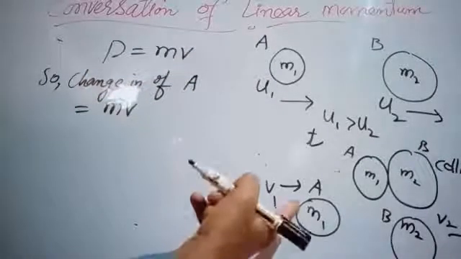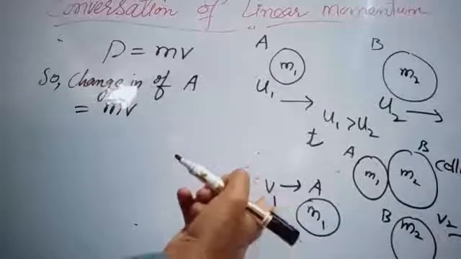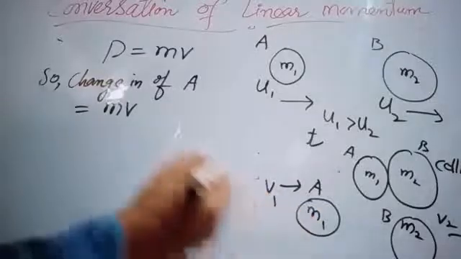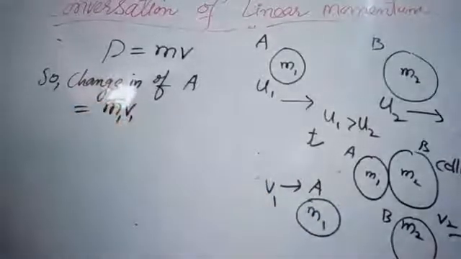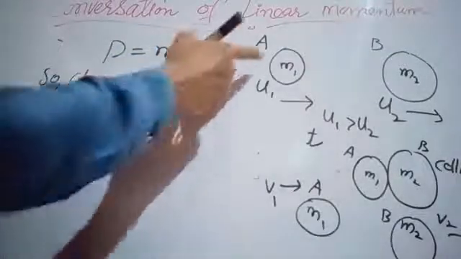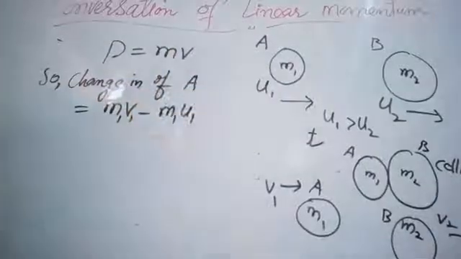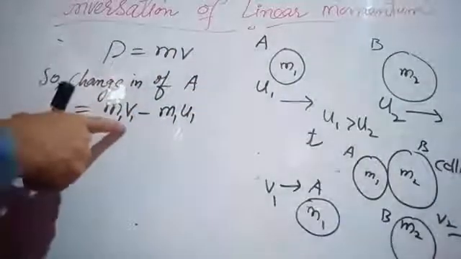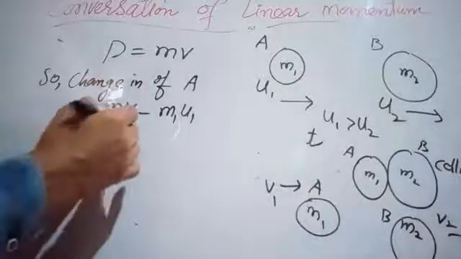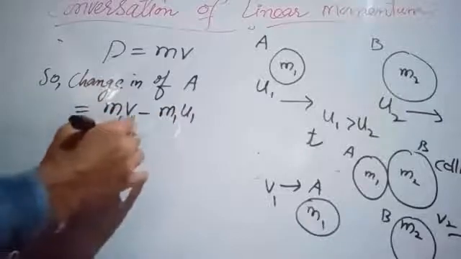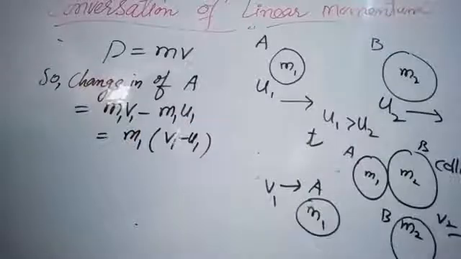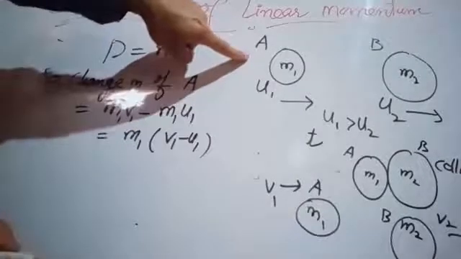Its final momentum will be m1 v1, and initial momentum is m1 u1. So its change in momentum will be m1 v1 minus m1 u1. I can write it as m1 times (v1 minus u1), since m1 is common here. This is the change in momentum of object A.